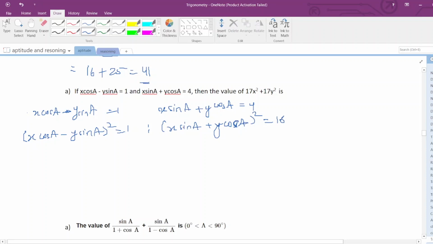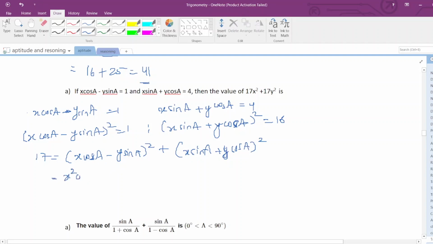So can I add both? 1 plus 16 on the right hand side gives 17, and adding the left hand side, I get x cos a minus y sin a whole square plus x sin a plus y cos a whole square. So now see here, separate it.